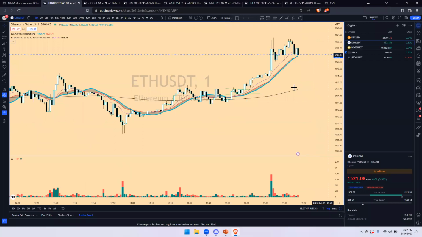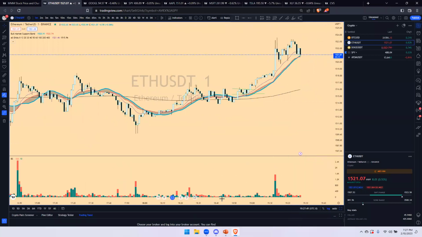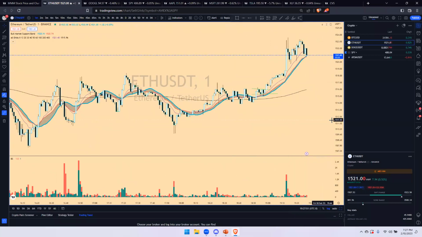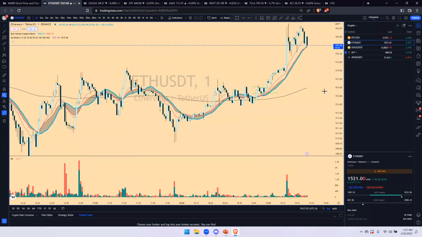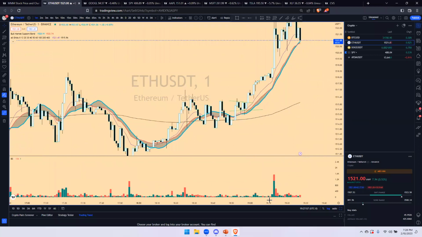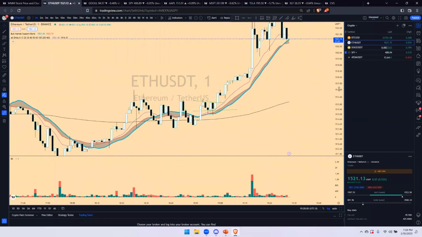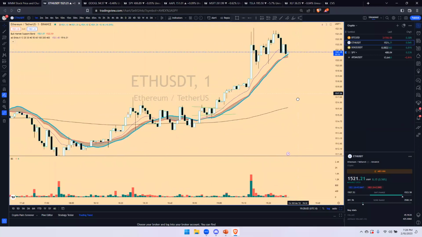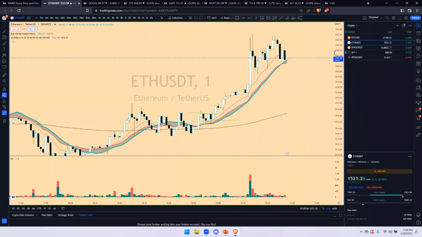So the EMA is the 20 EMA. Is it the simple MA? Is that the same as just MA? So the SMA and EMA, I'm sorry if you guys didn't know the difference. The SMA is the simple moving average. It is different from the EMA, which is the exponential moving average.